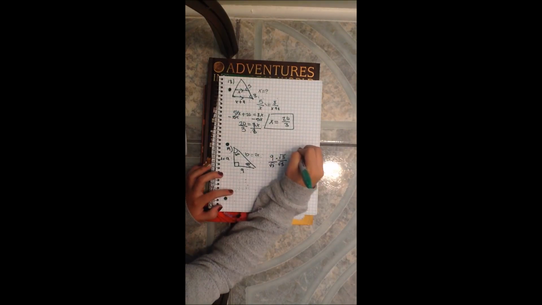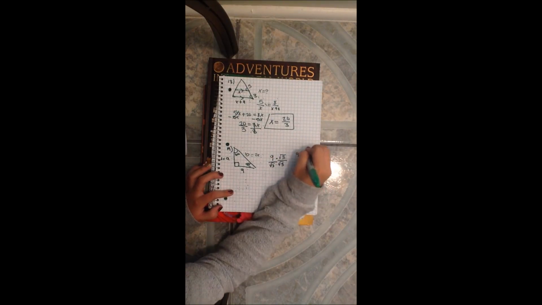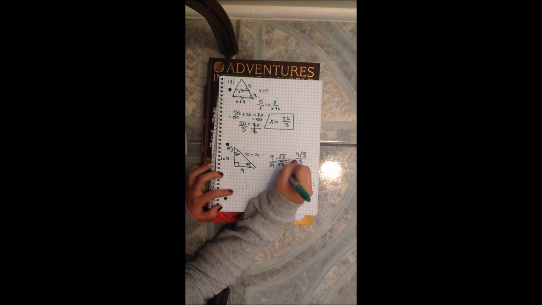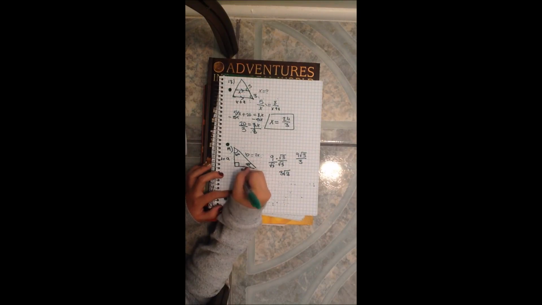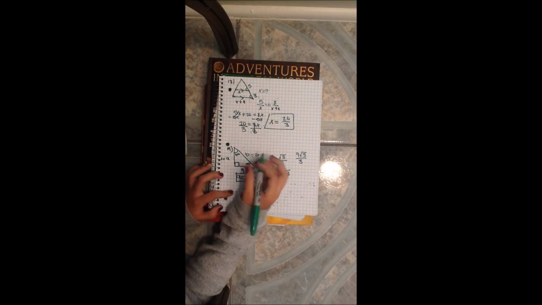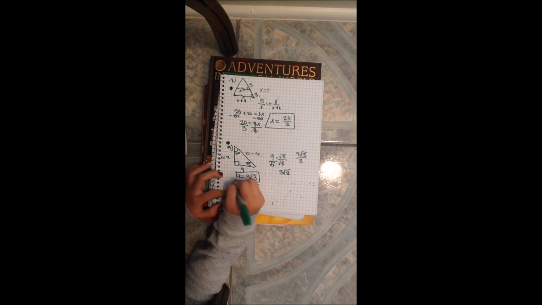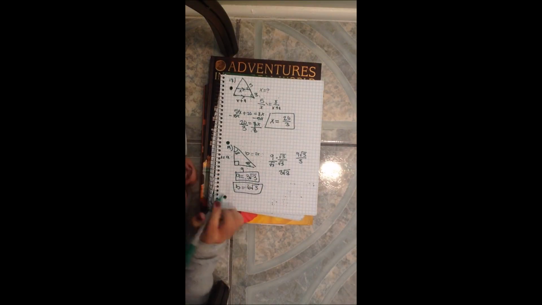You get 9 square root of 3 over 3, which simplifies to 3 square root of 3. So A would equal 3 square root of 3. And then to do B, you just multiply times 2. So B would equal 6 square root of 3.